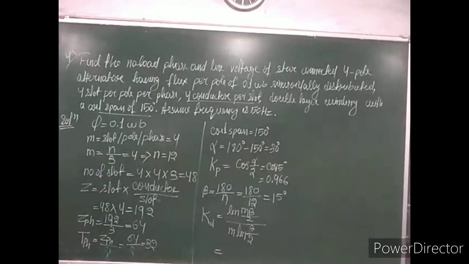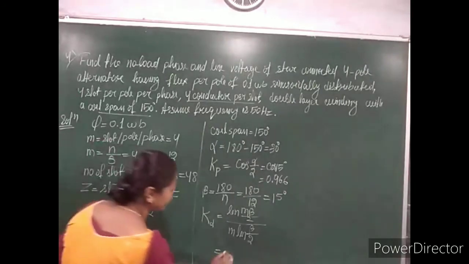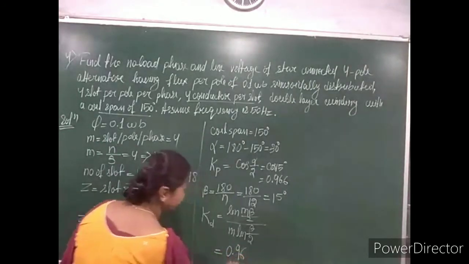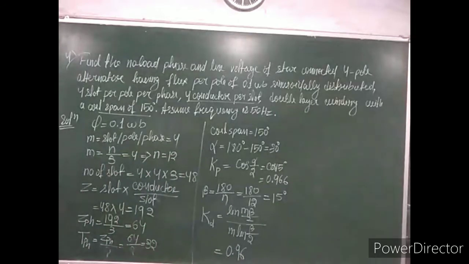So after putting the value of m and beta, you get its value as 0.96.